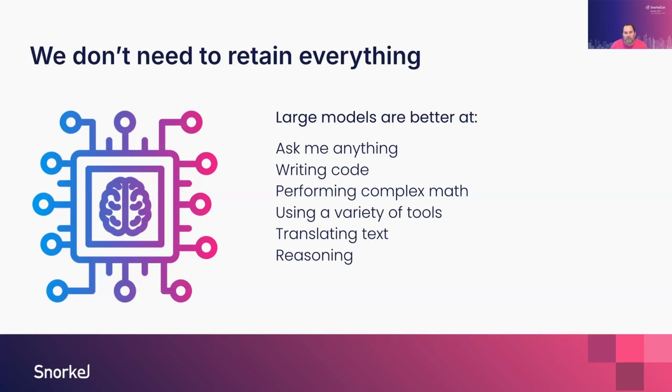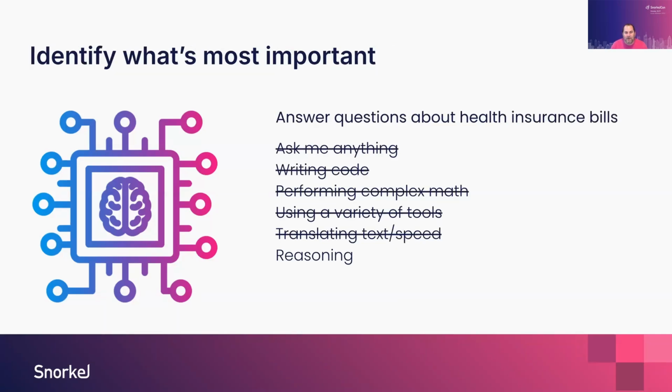However, when we think about foundation models and frontier models, specifically, in this slide, I was thinking about benchmarks. They're very broad, right? From writing code to performing calculus, using APIs of different tools and services. But in practice, depending on what you're trying to do, you might only need one of those skills, right?